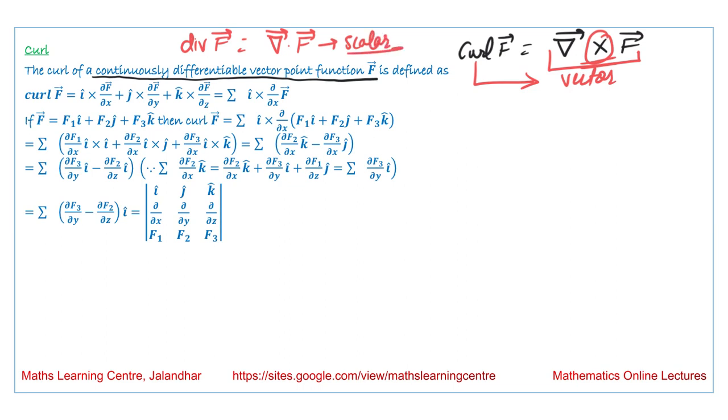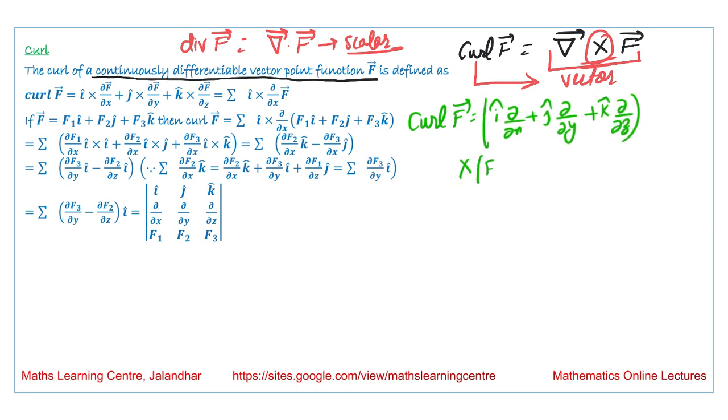Now, to calculate the value of curl of f vector, it is equal to i cap ∂/∂x plus j cap ∂/∂y plus k cap ∂/∂z, cross product with f1 i cap plus f2 j cap plus f3 k cap.